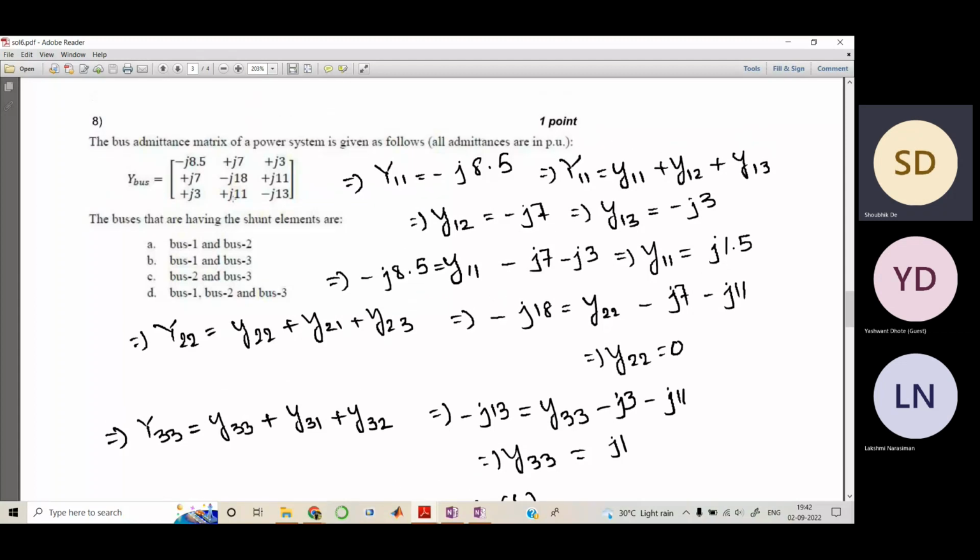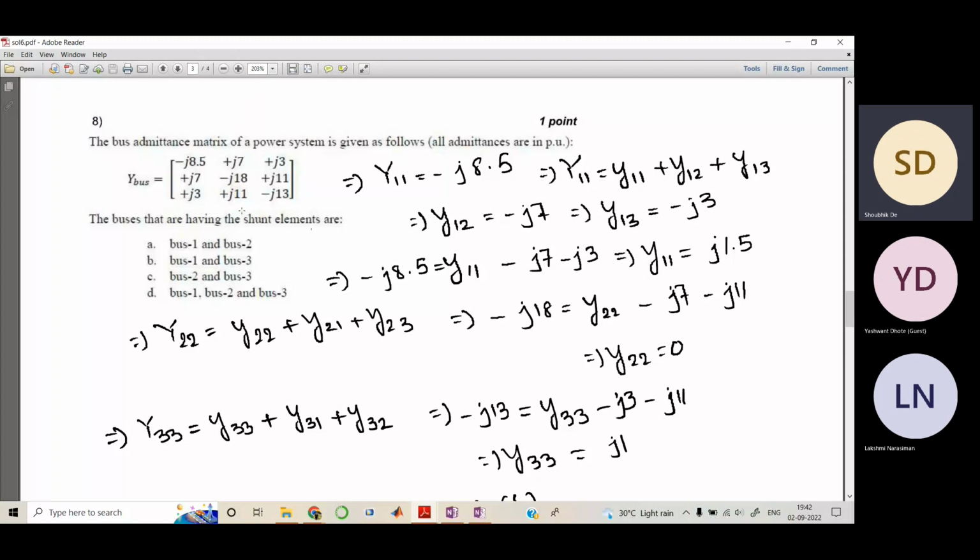Now you can just see this bus admittance matrix and directly do the problem. Your capital Y22 is minus j18, and if you take the sum of this j7 and j18, you immediately see that it comes out to be plus j18, right? Therefore, you won't have any small y22. It would be coming out to be 0.